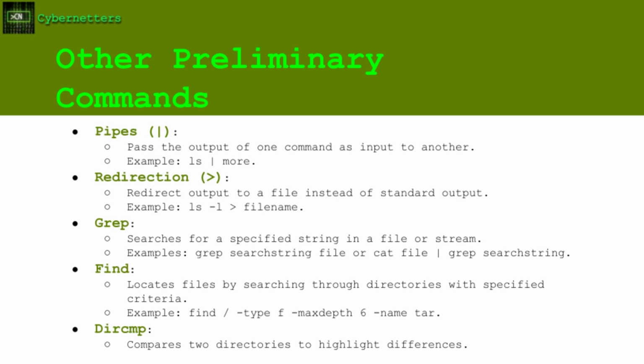And find locates a file by name or type, for example, find / -type f -name tar. And then dircmp compares two directories and highlights the differences. These commands are important for managing files and filtering data in Unix efficiently.